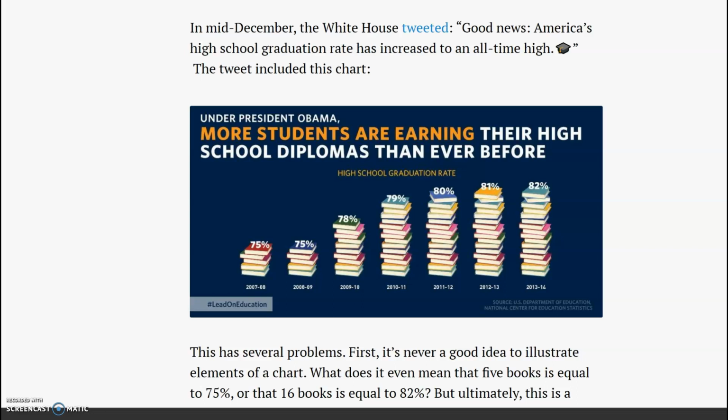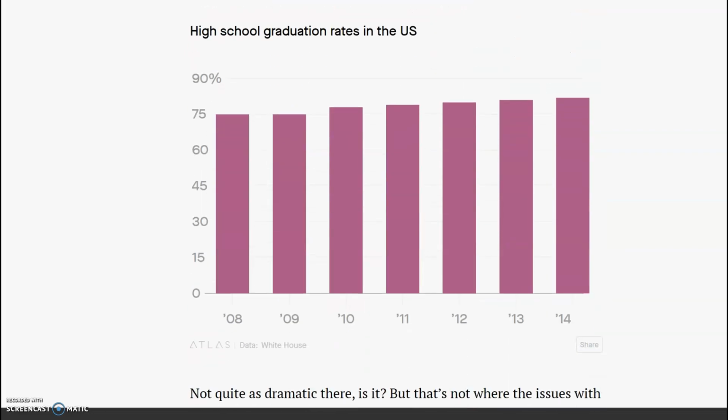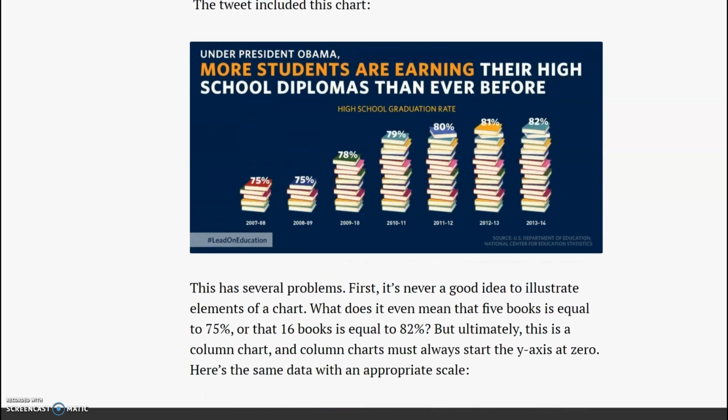If we look at only 2 dimensions, this is actually what the graph should look like. So it doesn't look like there's too much difference between each of these years compared to this graph right here, which makes it look like you're steadily increasing. Looks like a huge difference between this one and this one right here.